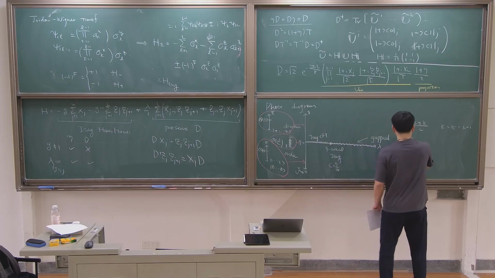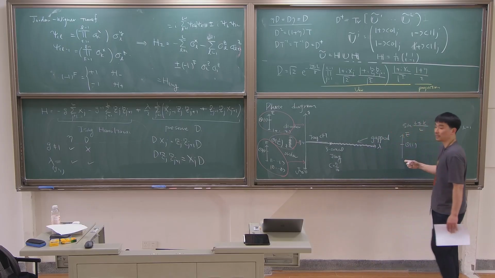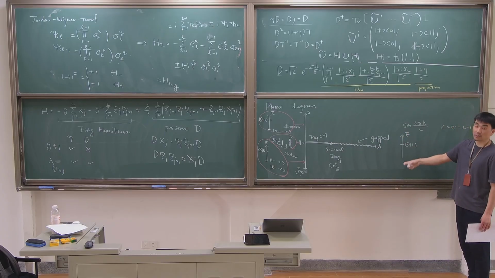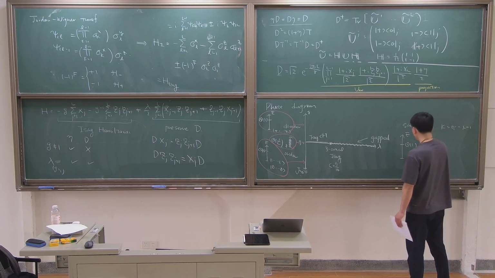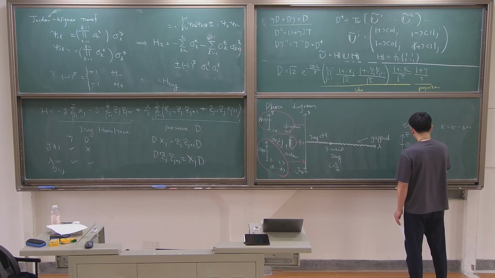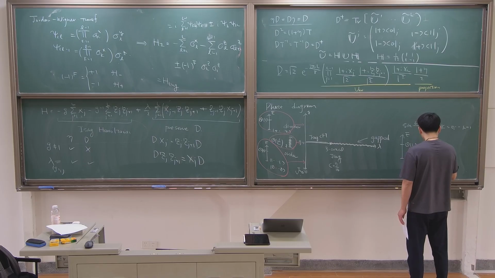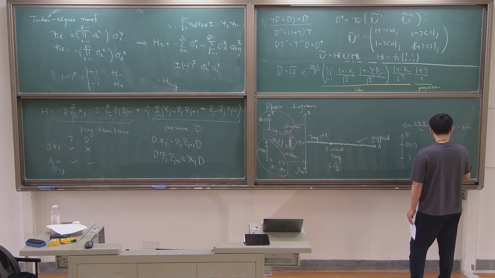So gapped means the energy is here, and the first excited state is a discrete spectrum. But for the ground state, you have a three-fold degeneracy.